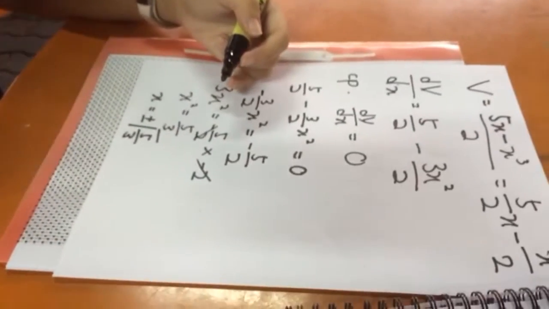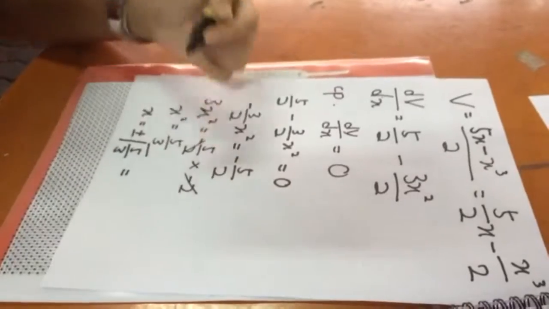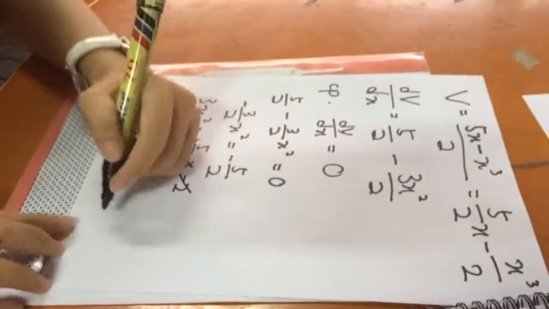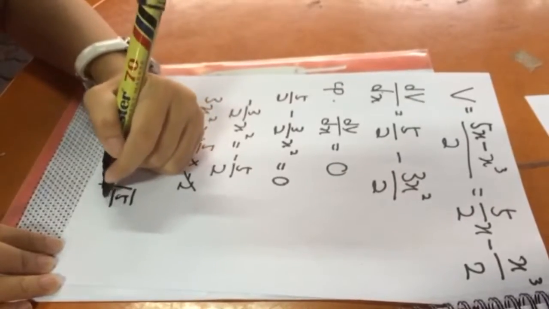Since the critical point will be only positive, the final answer for the critical point is square root of 5 over 3.